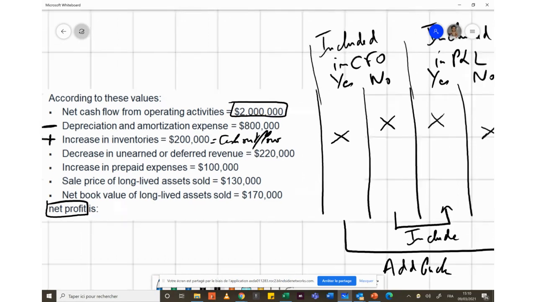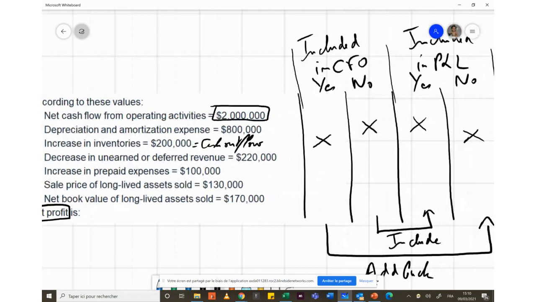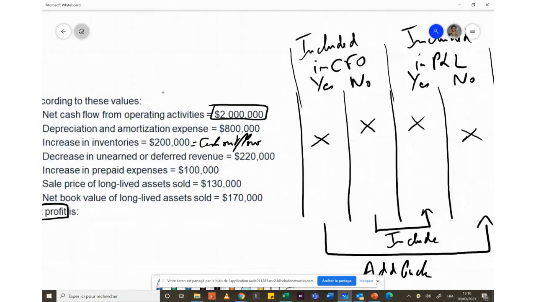Decrease in unearned or deferred revenue is not included in the operating cash flow because it was already paid during the previous period. If you decrease the unearned revenue, it means the customer is using a service already paid for during the previous period. So it's no longer a cash flow during the period, but it's revenue during the period.